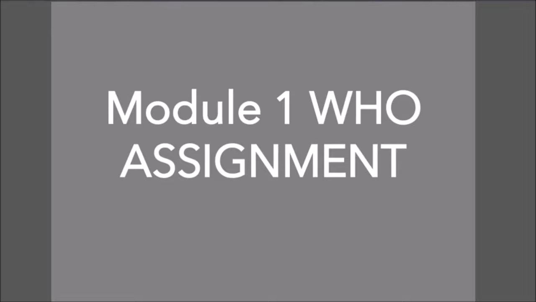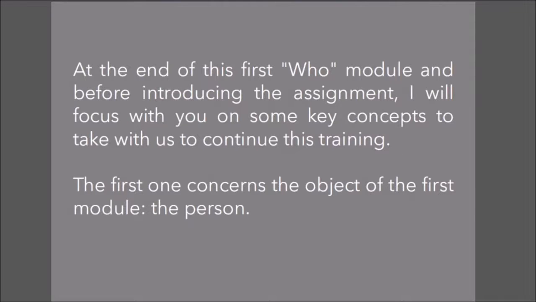Module 1. Who? Assignment. At the end of this first Who module, and before introducing the assignment, I will focus with you on some key concepts to take with us to continue this training. The first one concerns the object of the first module, the person.